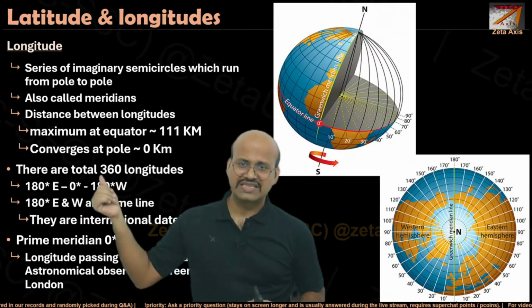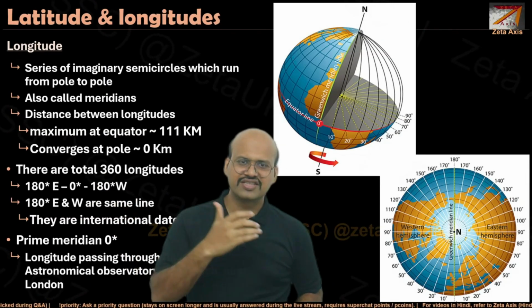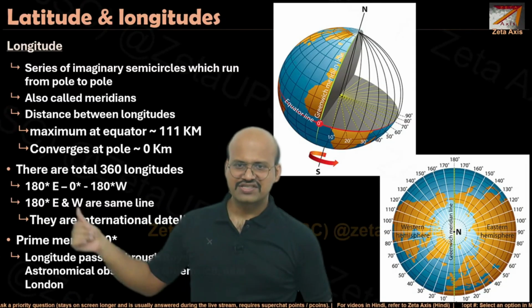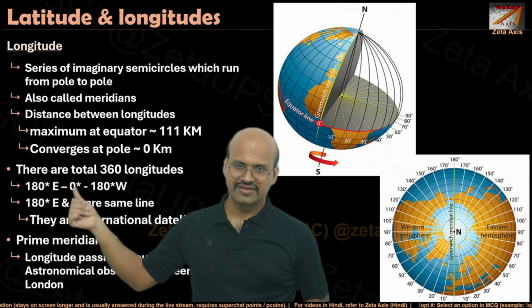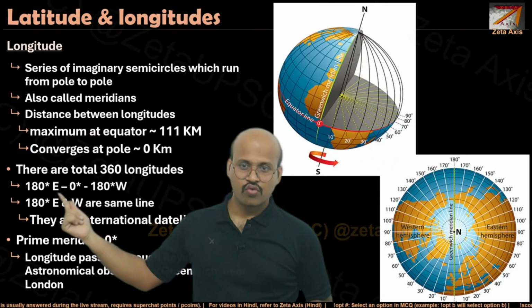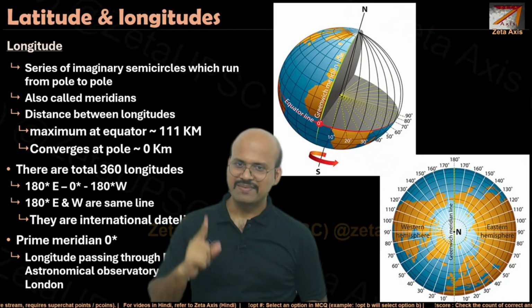Now, there are a total of 360 longitudes, basically representing the 360 degree value. And remember one thing, it starts from 180 degree east to 0 degree to 180 degree west. But 180 degree east and 180 degree west are the same line.